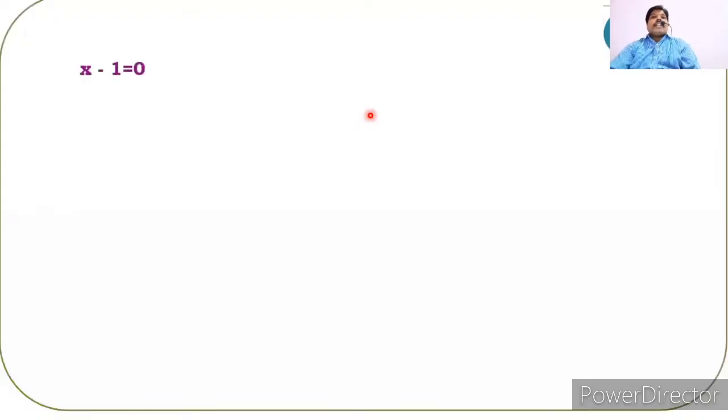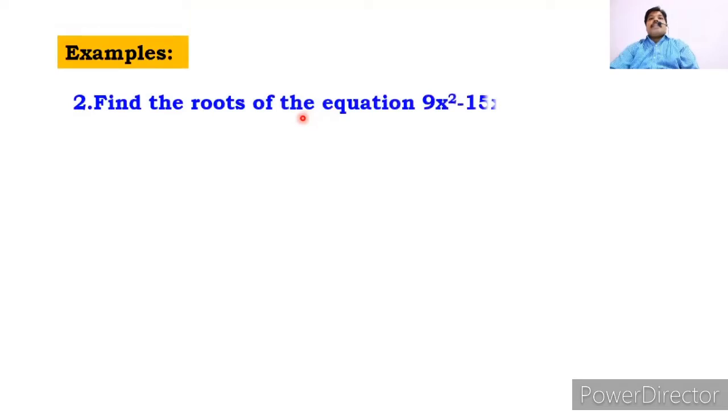See the next problem. Find the roots of the equation 9x square minus 15x plus 6 is equal to 0. I am solving this equation by using the completing the square method.